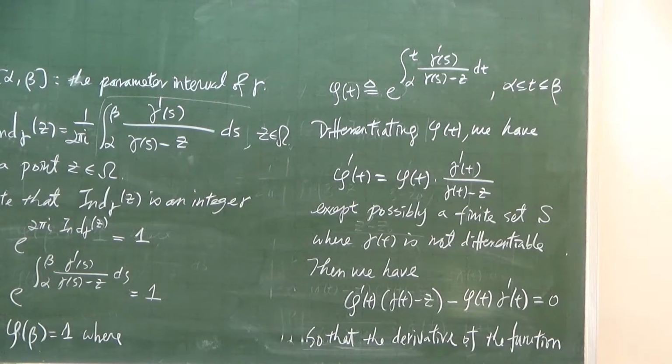exists in alpha beta, except for points in this finite set.